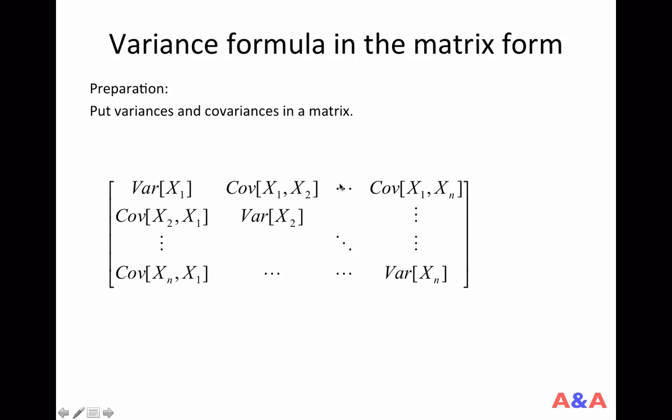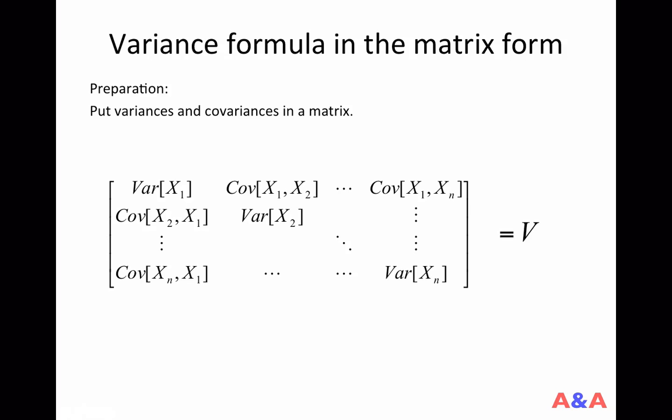And the 2, 3 element, for example, should be the covariance between x2 and x3, and so on. Okay, first, you put all the risk information about individual random variables you know in the matrix form, and then this matrix is called the variance covariance matrix, and let's denote it as capital V.